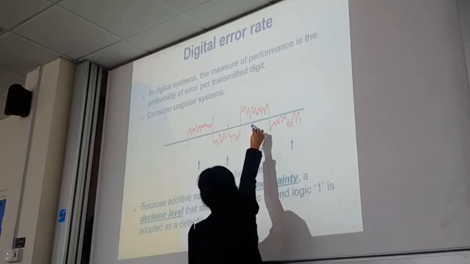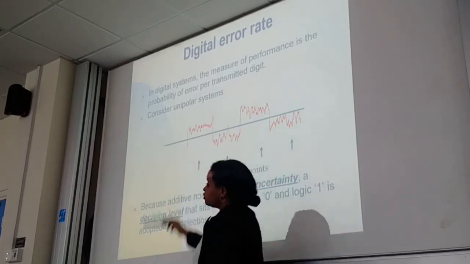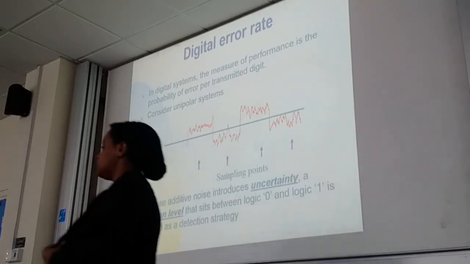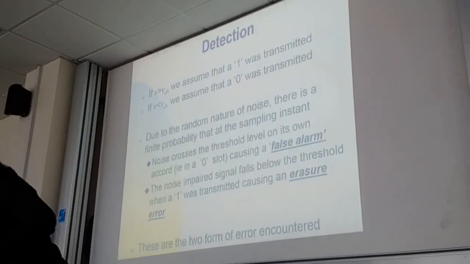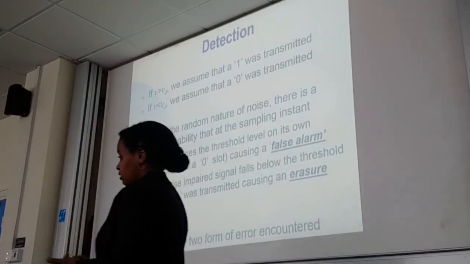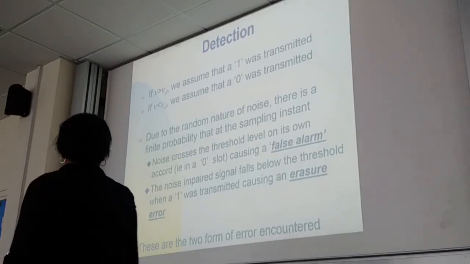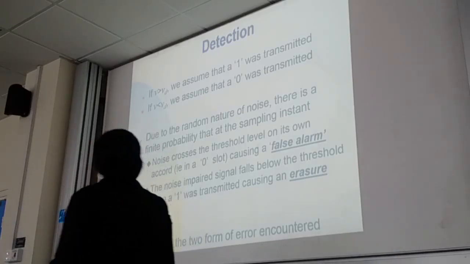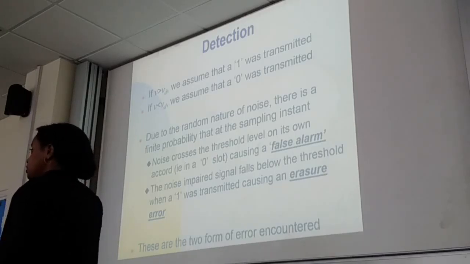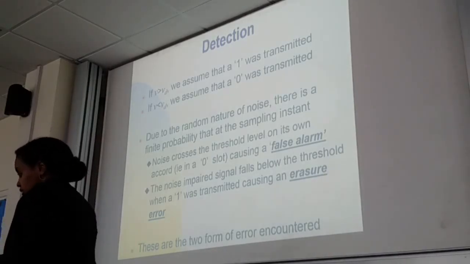So imagine this goes below this threshold. Then a 1 will be detected as a 0. And we refer to this as erasure error. So 1 was erased. Okay? So these are the 2 types of errors that you can encounter in our system.